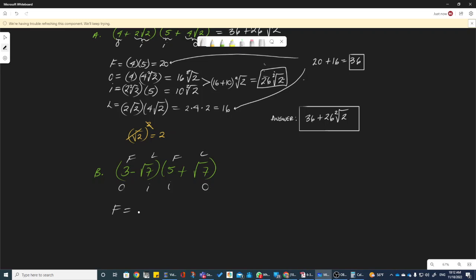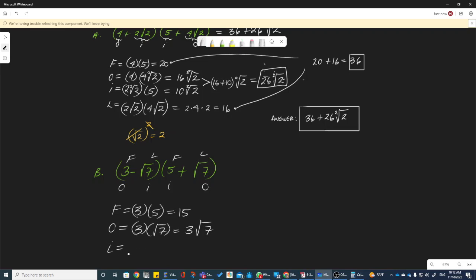And the F is equal to 3 times 5, 15, okay? The O is equal to 3 times the square root of 7, right? Which is 3 square root of 7, okay?